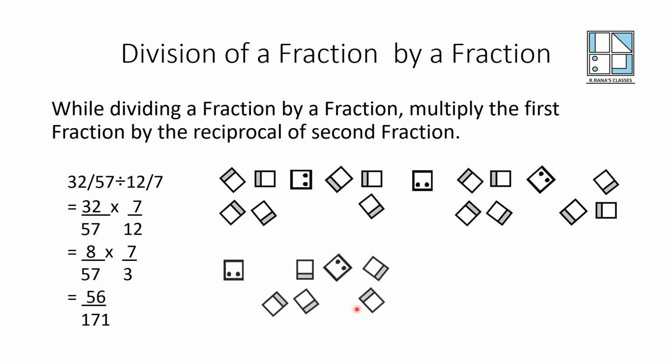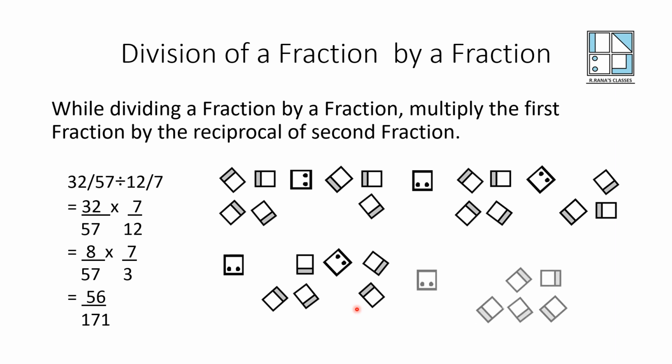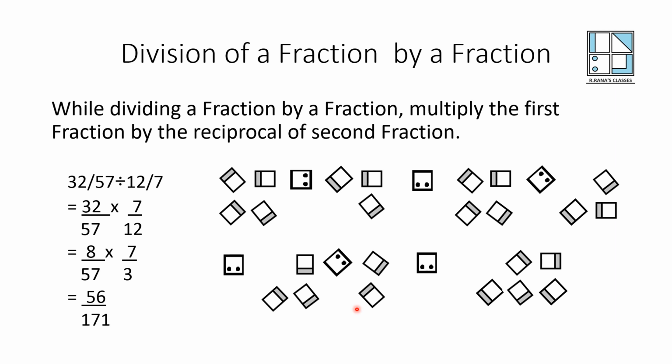Again cancel the common factor, so this is equal to 8 upon 57 into 7 upon 3, multiplying numerator by numerator and denominator by denominator, we get 56 upon 171. So this way, the only thing to be noted is that multiply by the reciprocal of the second fraction, and no space is left when a fraction is written.